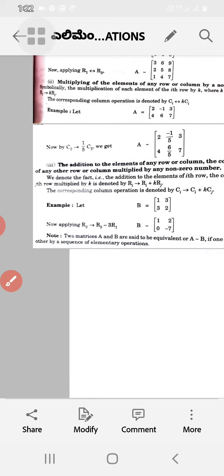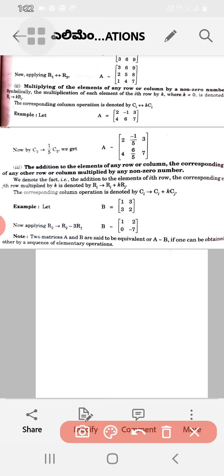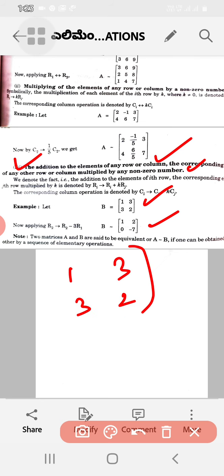So then the third property is, as I explained by taking 4 or 5 examples, the addition to the elements of any row or column, the corresponding elements of any other row or column multiplied by any non-zero number. So we have taken the example here. The example taken here is 1 3, 3 2.